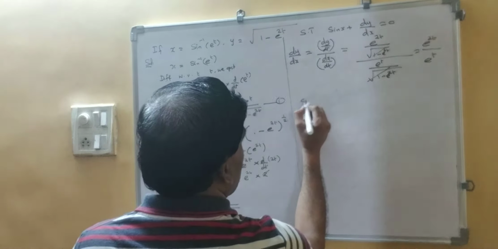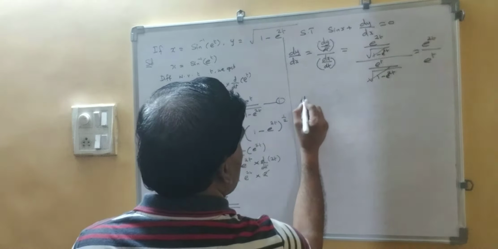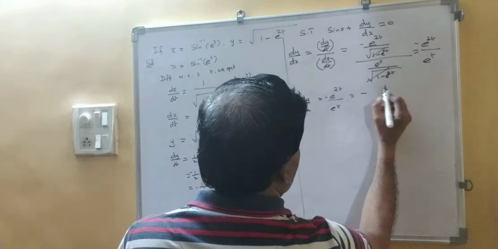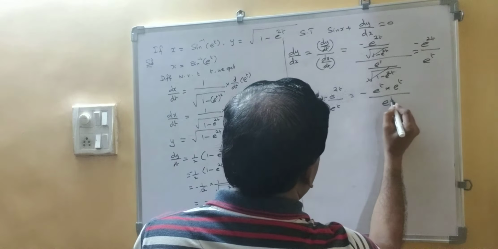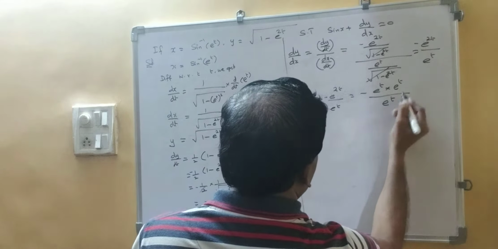Okay. That means dy by dx equal to, somewhere a minus sign is there that we have left out. So here minus. So minus e raised to 2t upon e raised to t. What does e raised to 2t mean? e raised to t into e raised to t upon e raised to t. So you are having minus e raised to t.